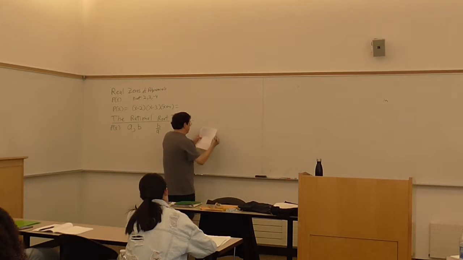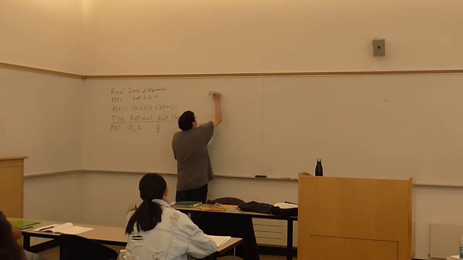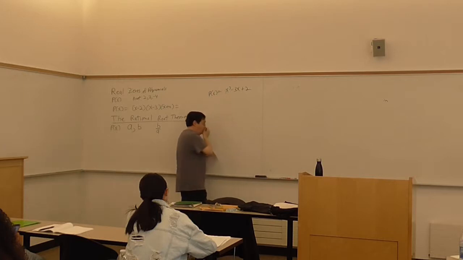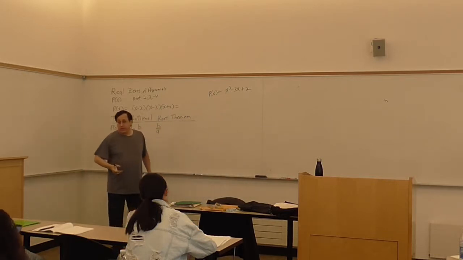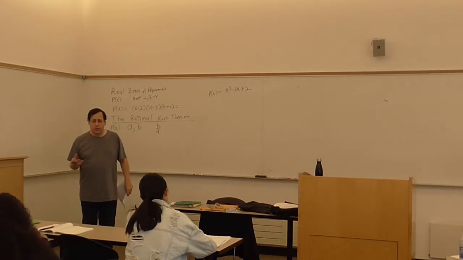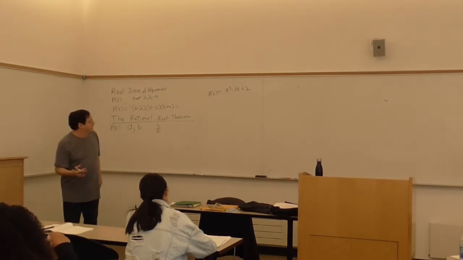A simple example to start. Say our polynomial is x cubed minus 3x plus 2. This is a polynomial that's third degree, so we don't really know if we can find the roots.